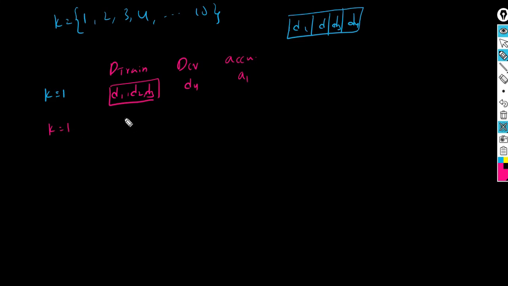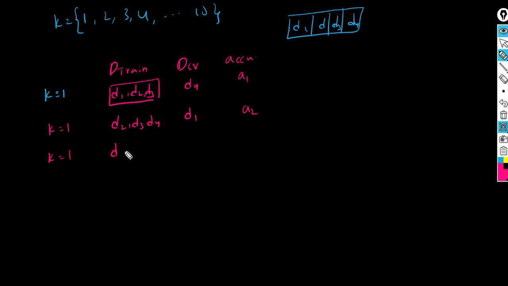Similarly, when k equal to 1, here we are going to consider the data D2, D3, D4, and the cross validation data we now consider as D1, and here we will get accuracy, let's consider A2. Similarly, k equal to 1.